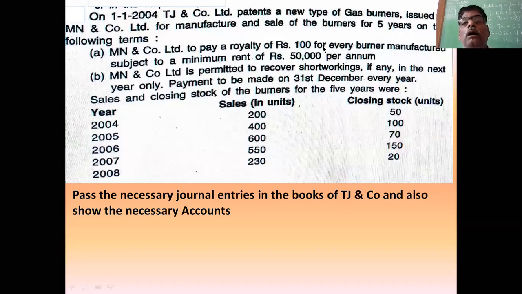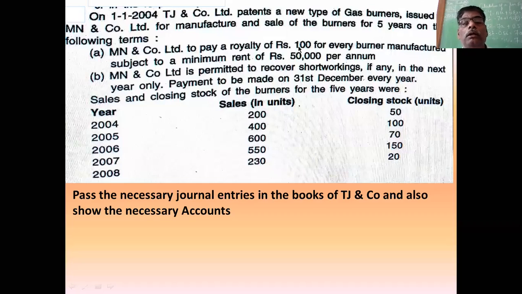₹100 royalty for every burner manufactured means you have to give consideration, and you must be very careful regarding this royalty, whether the rate of royalty is based on unit manufactured or unit sold. Okay.